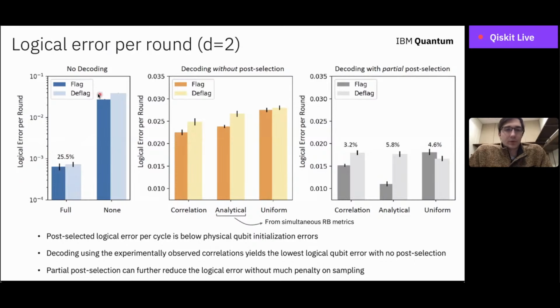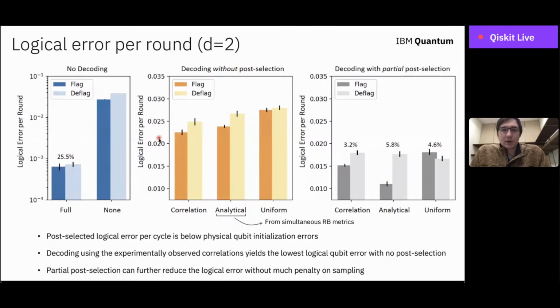And then also whether we do this deflagging procedure that I talked about earlier or not. Right, so in the full post-selection case, we get error rates for the logical qubit that are below like 10 to the -3, which is even exceeding our physical error rates.